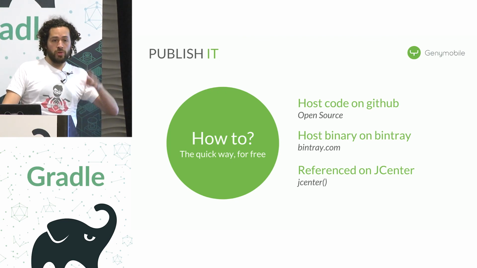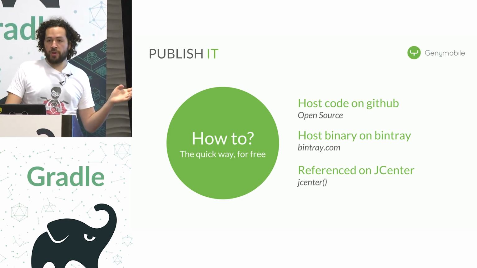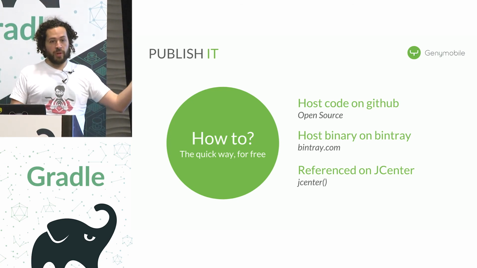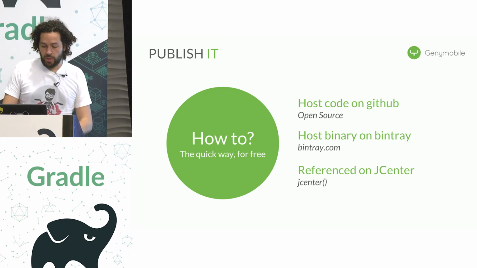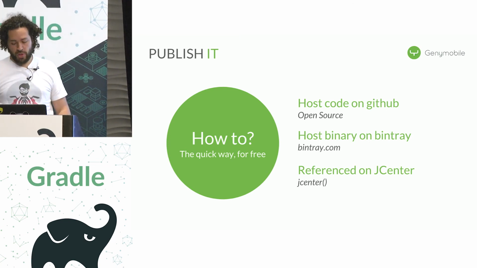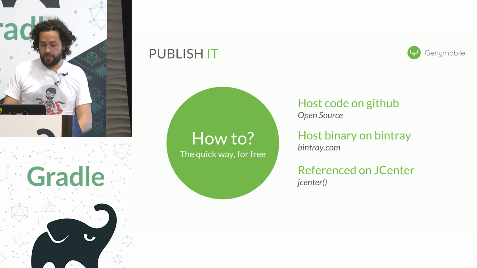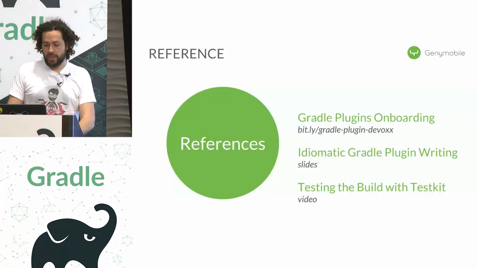If it's open source, just put it on GitHub, and it's free on Bintray. And if you want to be part of JCenter, just post it on Bintray, and then you have all the documentation to tell Bintray that you want to be on the JCenter repository. And there are just a few tools that you can use to publish automatically.